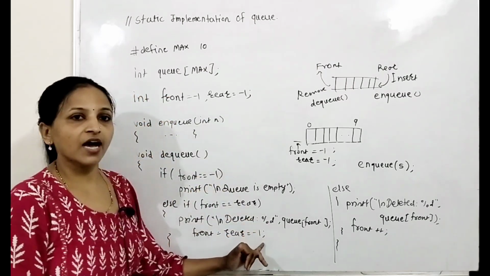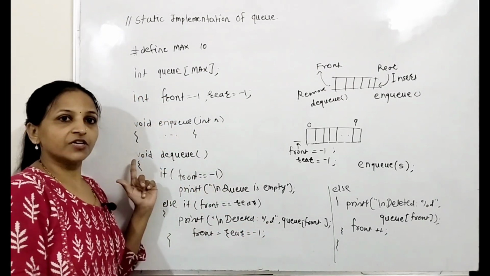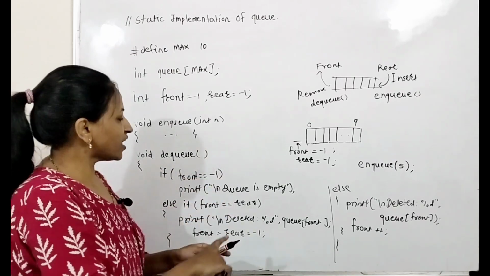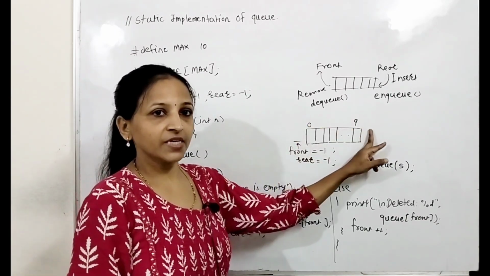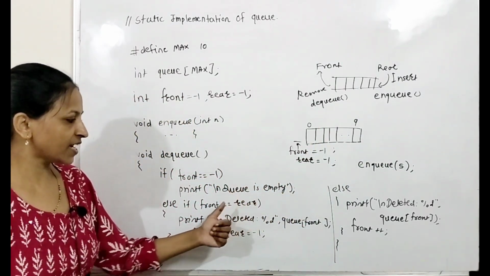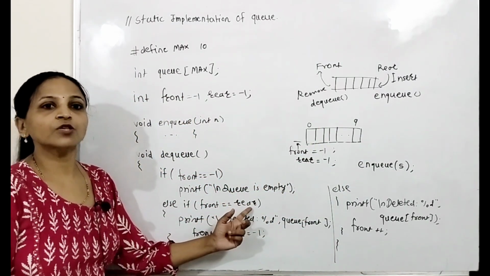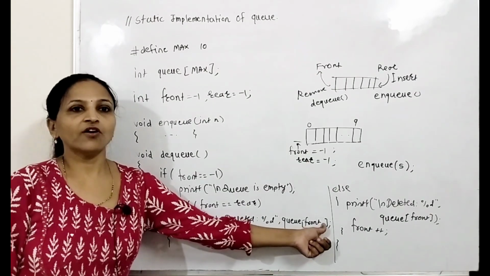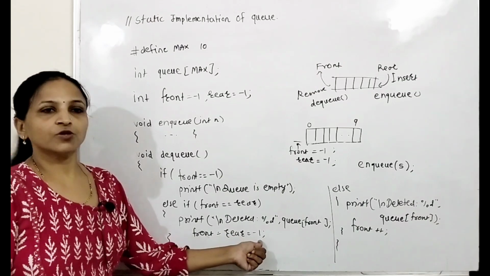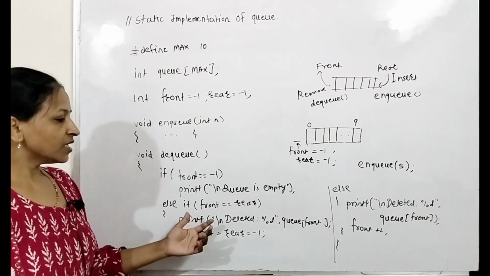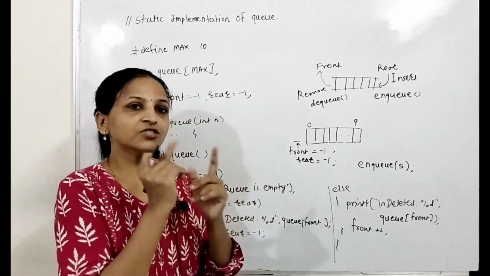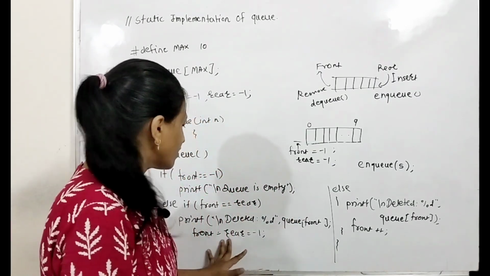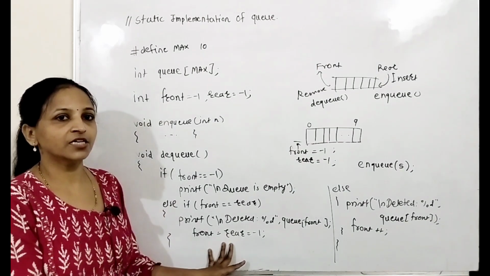Here what we have done, I am repeating again. This DQ function returns nothing and there is no need to pass anything to it. If front equal to -1, this means the Q is empty, that condition we handled first. Next, if front and rear both are the same, in that case we display the element like deleted Q of front, and front and rear both become -1 now. Because whatever element is present at front is the only one element and we just display it, so now Q is empty, that's why we set -1 to front and rear both.